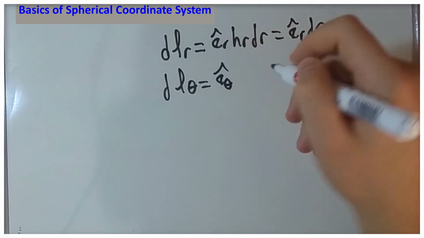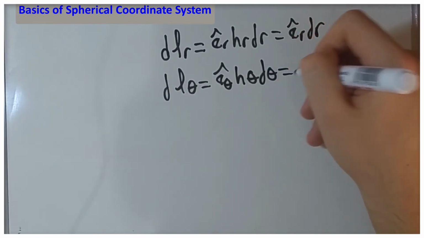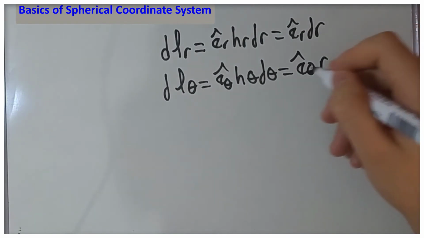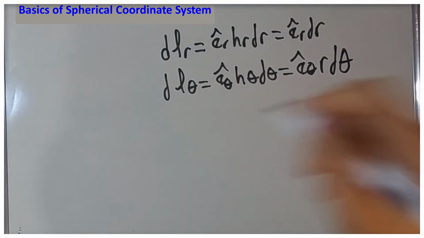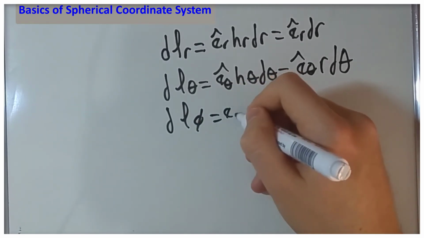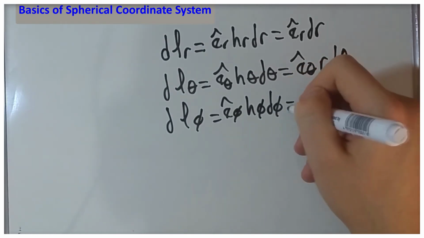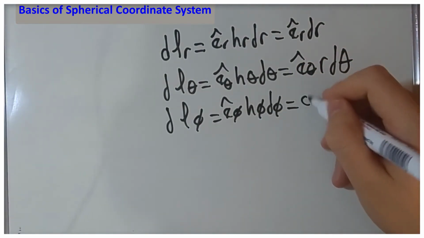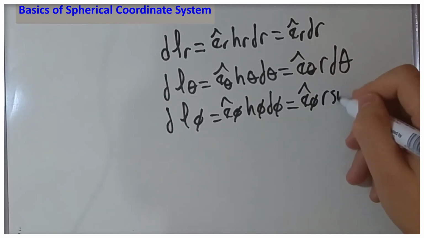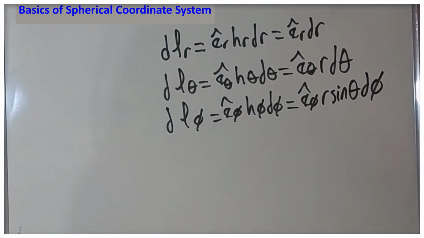In the e theta direction, h theta d theta, so e theta r d theta. How do I write dl phi in the direction of e phi? h phi d phi was equal to h phi, rho, but we found out what it is because there is no rho: r sin theta d phi.